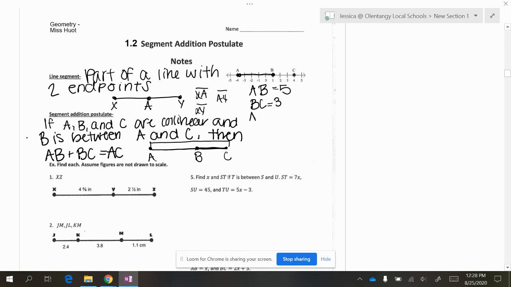That means the length of A to C, from this point all the way down to this point, is going to be 8. 5 plus 3 is 8.